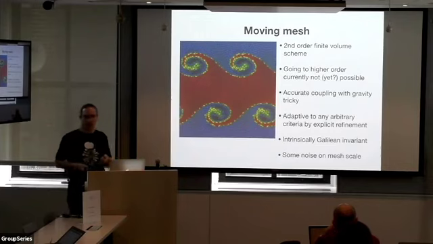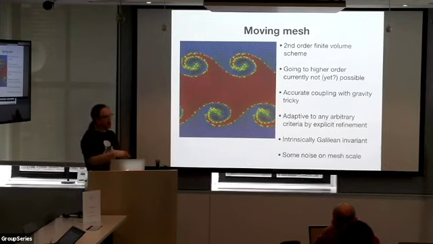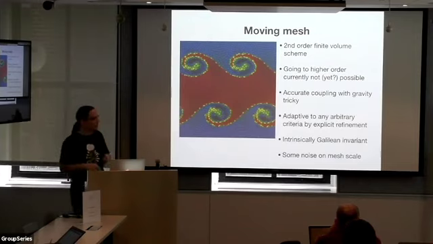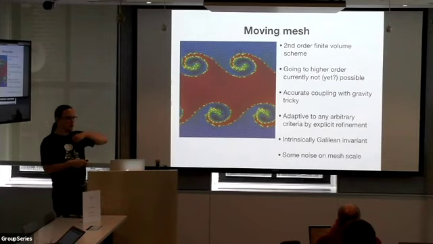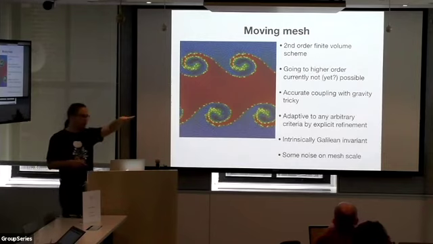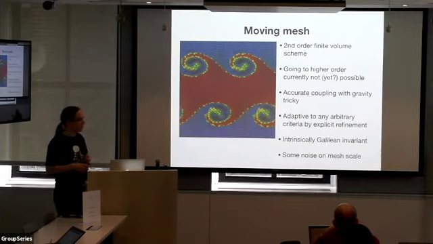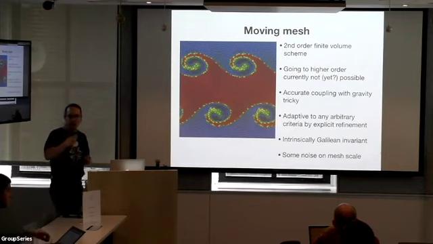So again, you don't. This is where some energy error usually comes in, because this coupling is not perfect, and depending on whether you flow down the potential or up the potential, you can get some kind of systematic error.